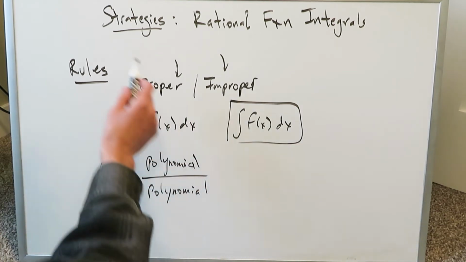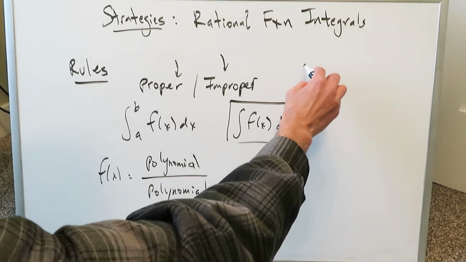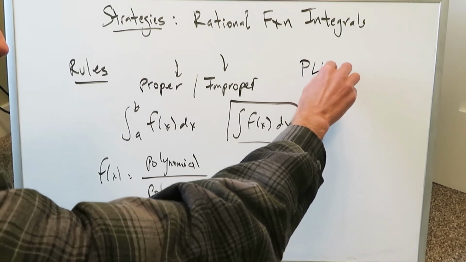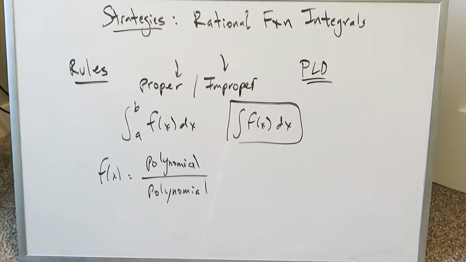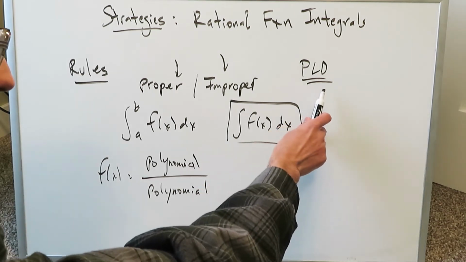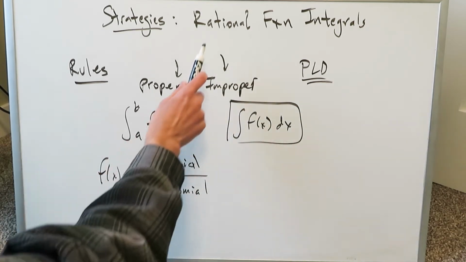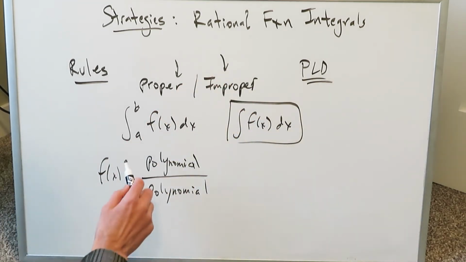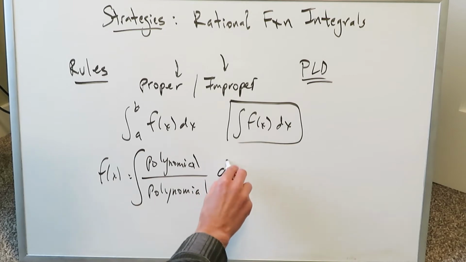What we're looking at here in terms of the specific strategy, I'm using the abbreviation PLD, polynomial long division, and how that comes to assist you with these rational function integrals. Polynomial long division is an excellent technique for you to handle rational function integrals, and we're looking at integrals of this form.